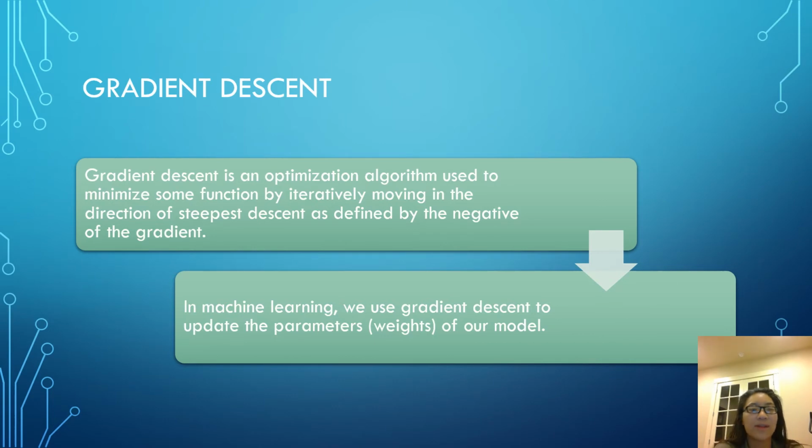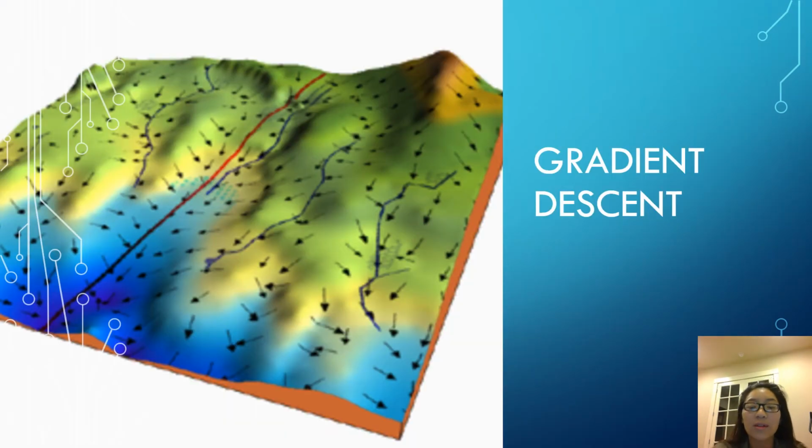Now let's talk about gradient descent, because that's typically how we talk about loss functions. Gradient descent is an optimization algorithm used to minimize some function by iteratively moving in the direction of the steepest descent as defined by the negative of that gradient. In machine learning, we use gradient descent to update the parameters or weights of our model. We can look at this example here of a mountain.